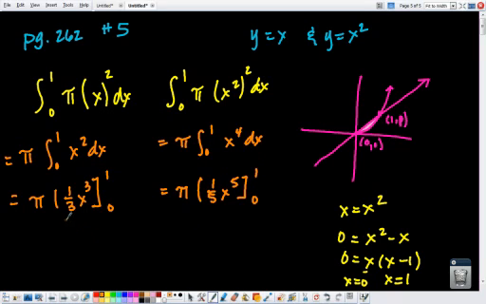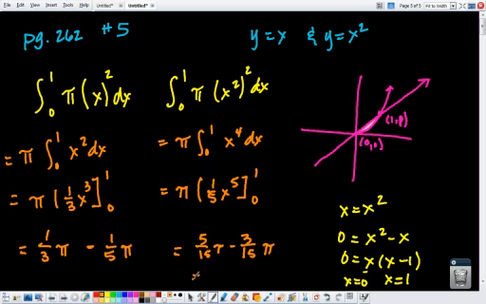So I'm going to plug in 1. And I know it's shocking, I get 1/3 pi. And I'm going to take away what I get here, which is 1/5 pi. If I were to subtract these, I would need to get a common denominator, right? So I could do 5/15 pi minus 3/15 pi.